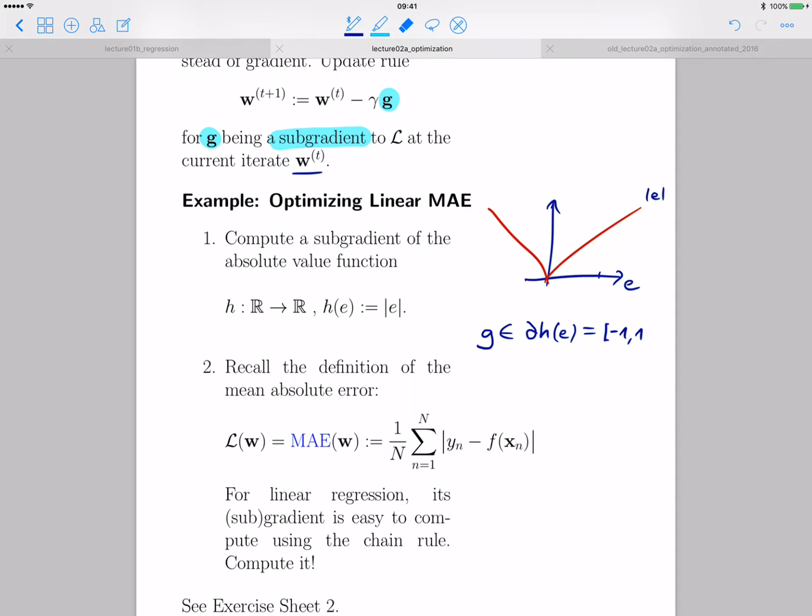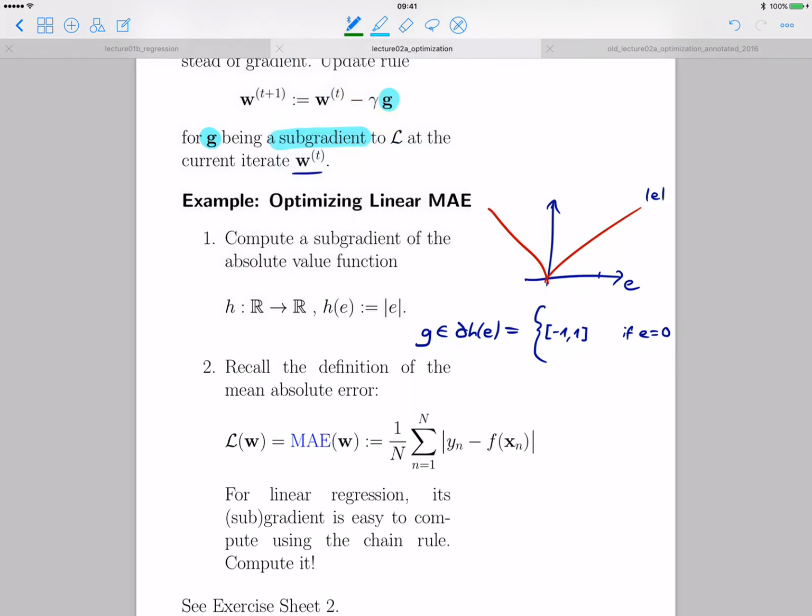Okay, I need a bit more space here. That's actually true. So let's find such a vector which is such a subgradient. This is a set, and it depends a bit on where we are. So you looked at the case when e is 0, and you said all the numbers which are these subgradients are the numbers between -1 and 1.